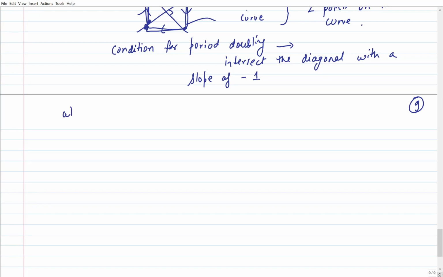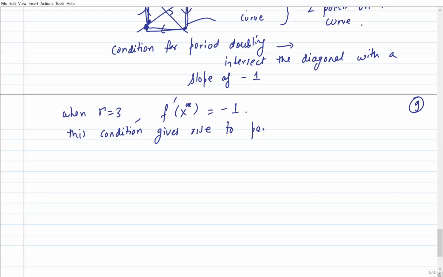So when r is 3, we have for the other fixed point -1, and this gives rise to period doubling.